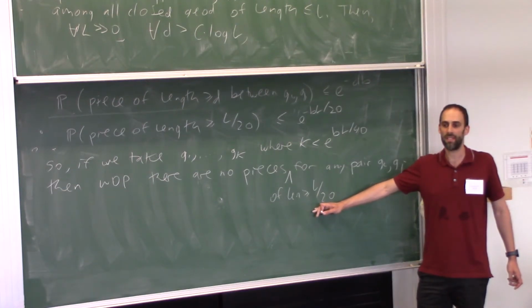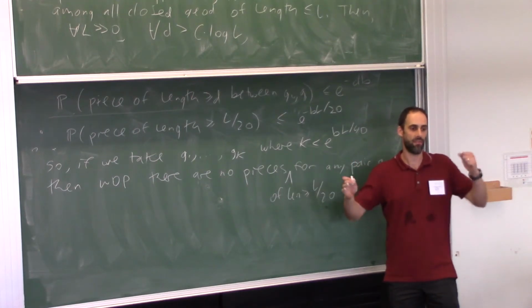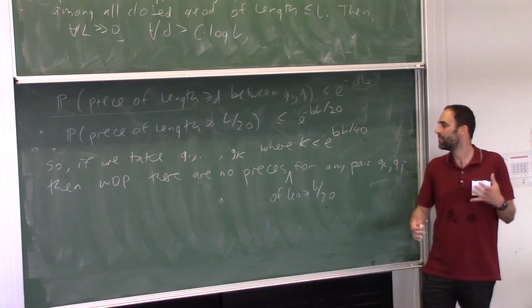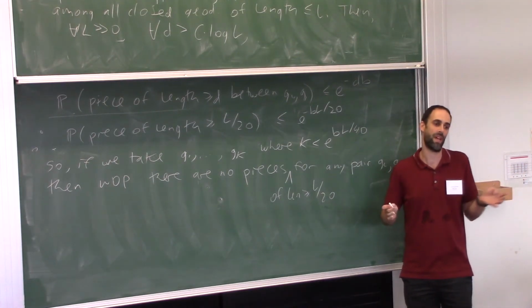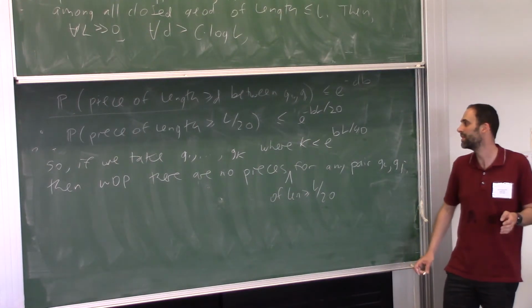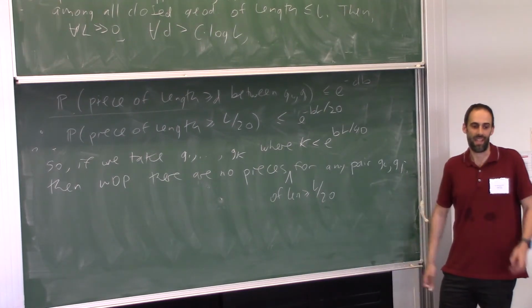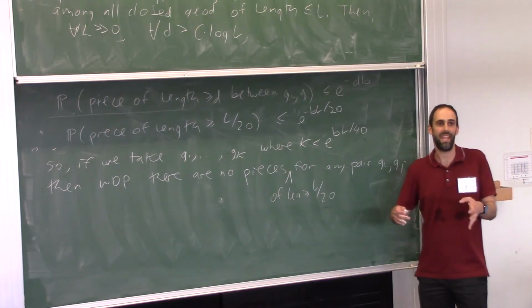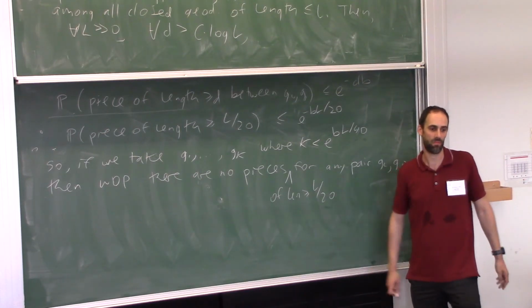But what you need for small cancellation theory is no pieces bigger than a certain fraction of the length of the geodesics itself. So you need to combine that with a statement that almost all of them are very close to the maximum length. That's where you have to go up from 40 to 41. It's just about taking all the different independent events that could each give you something bad and summing those probabilities.